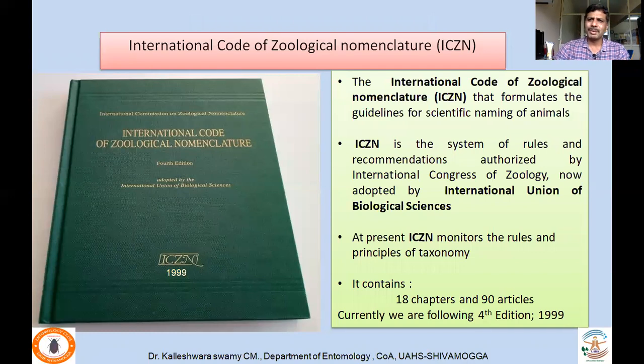Still, people were following binomial nomenclature when discovering new species, but there was no monitoring agency to monitor the scientific names or the naming of any taxon level.